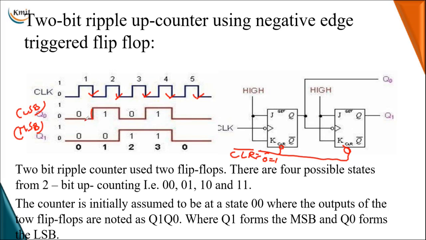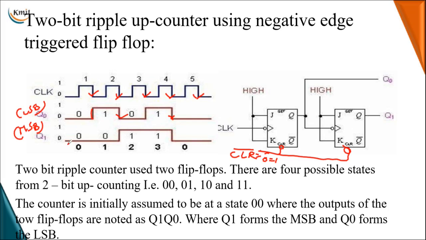Now the second flip-flop has its clock from your Q naught. This Q naught is applied as a negative edge triggered clock. So when the output of Q naught is falling, the second flip-flop changes its state from present state to next state.